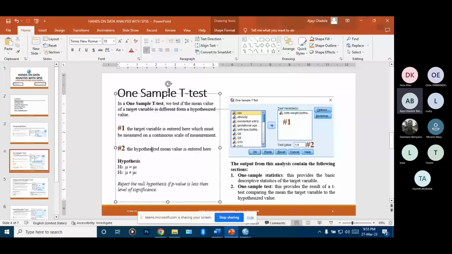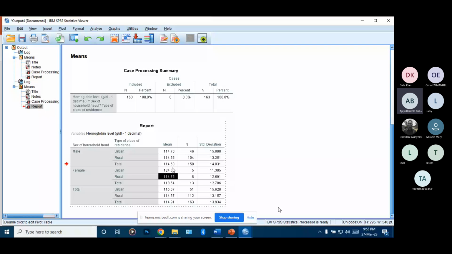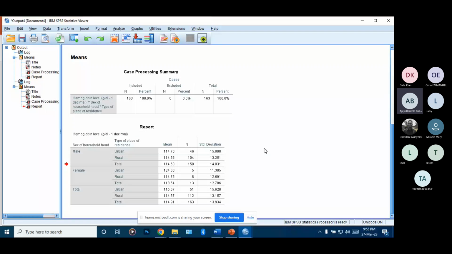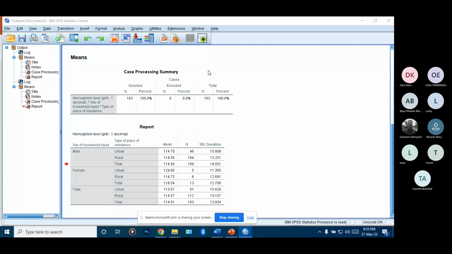Now let's go back to our SPSS, and I will try, as much as possible, to give the interpretation, because I believe this is going to help us in our project writing. So I won't just be running the analysis blindly. So compare means, we're moving to the next one, which is one sample t-test.